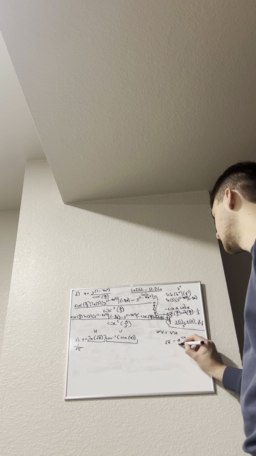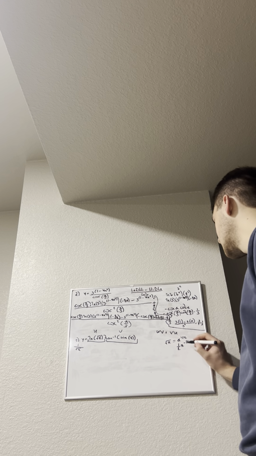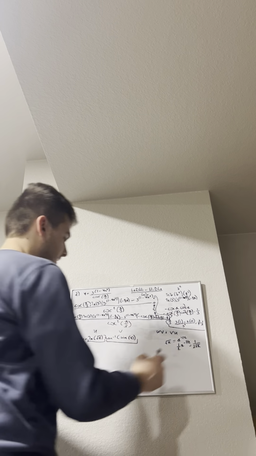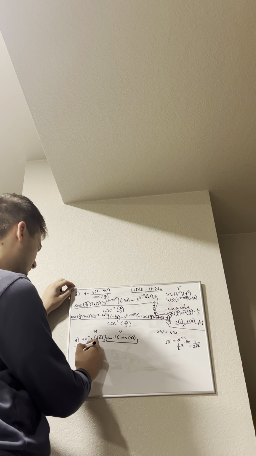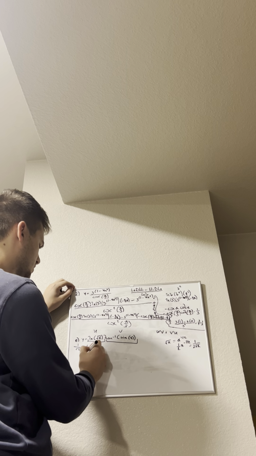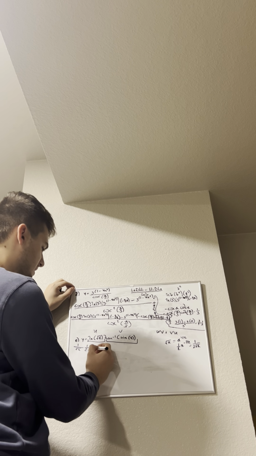So it'll be 1 over 2 times x to the power of negative 1/2, which gives you 1 over 2 times square root of x. So we got the derivative, 1 over 2 square root of x, which gives us u prime.